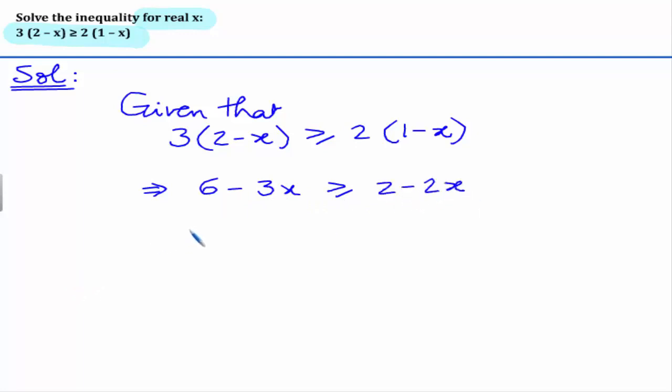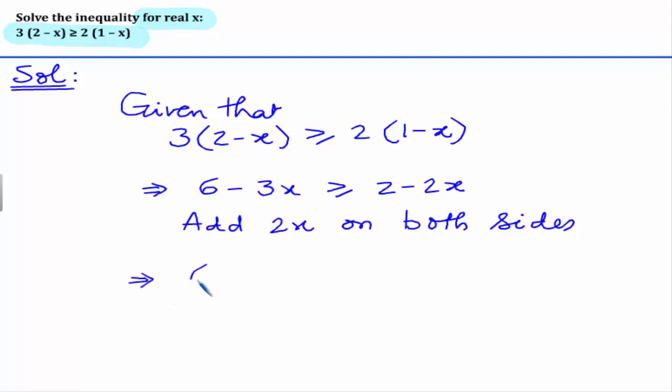Now let us add 2x on both sides. We get here 6 minus 3x plus 2x is greater than or equal to 2 because minus 2x plus 2x gets cancelled.